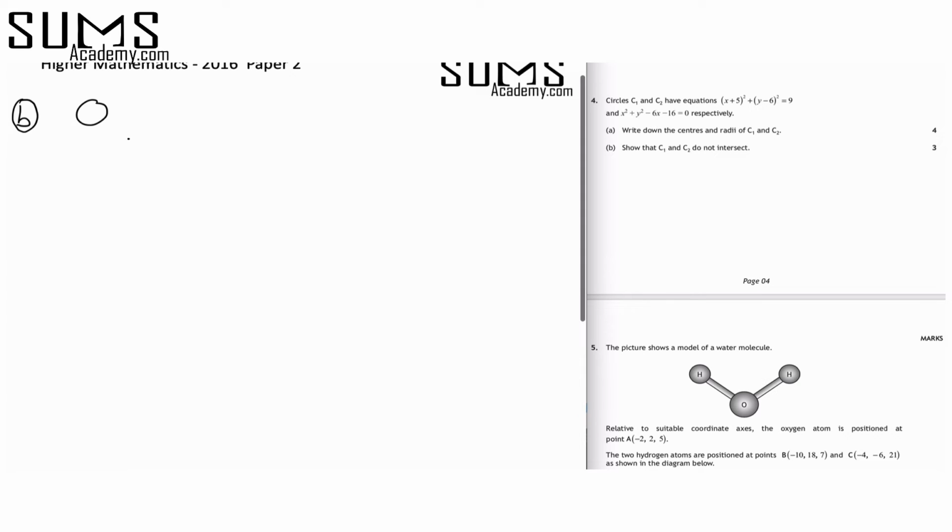These two circles don't intersect because this R and this R are less than the distance between them. So something like R1 + R2 is less than D. That's what we'll be looking to prove here.